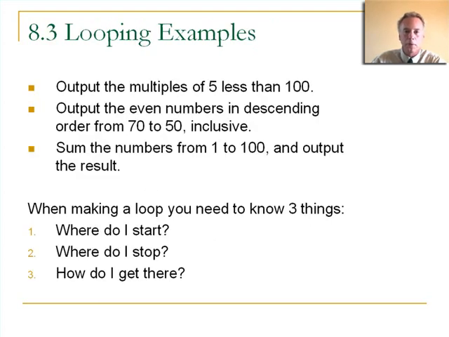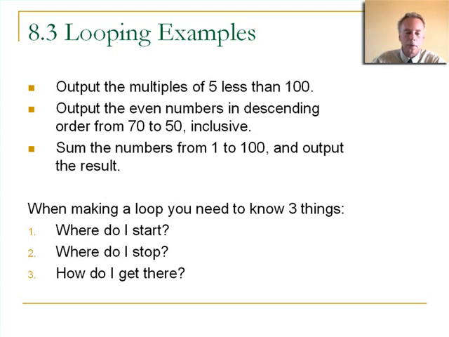Here are a few examples that we'll look at. We'll actually go into the development environment and implement them. For example, output the multiples of 5 less than 100. So we want to output 5, 10, 15, 20, up to, but not including 100. Output the even numbers in descending order from 70 to 50.